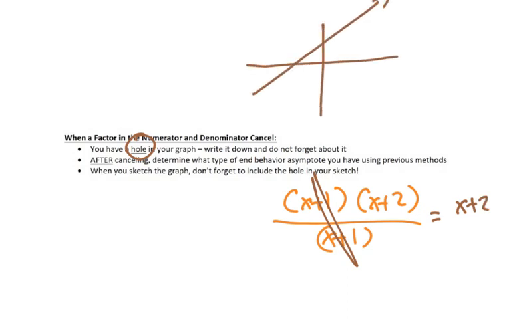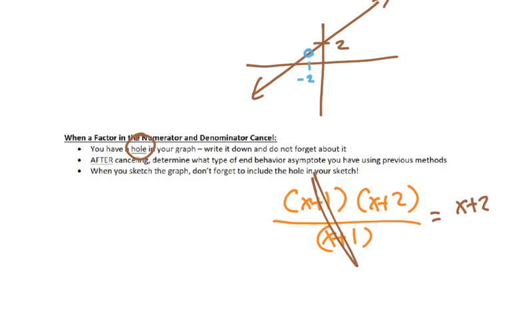That looks something like this, crossing at 2, slope of 1. And the only difference here is that it does not exist. The only difference between the equation y equals x plus 2 and our rational function is that at -2, we have a hole. It does not exist at -2.